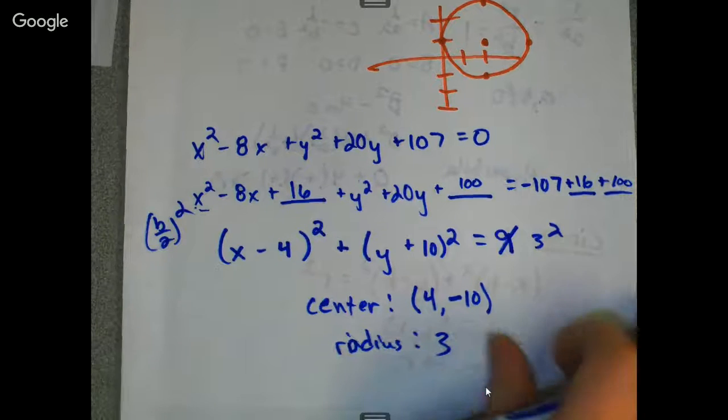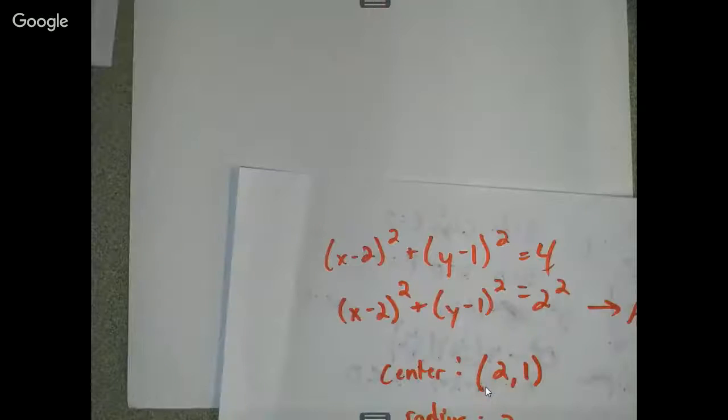Let's look at one more real quick. The point is 10, negative 4 and the center is 7, 8. I want the equation.